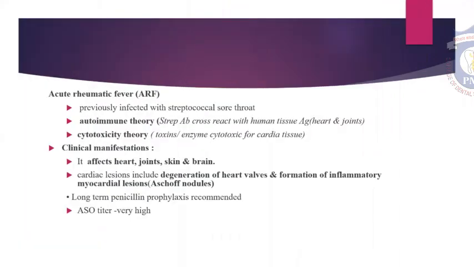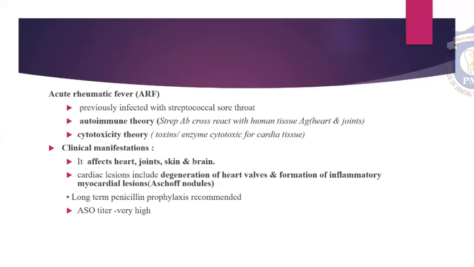In non-suppurative complications, we are giving more stress to acute rheumatic fever and post-streptococcal glomerulonephritis. Acute rheumatic fever is caused when a person is previously infected with streptococcal sore throat.